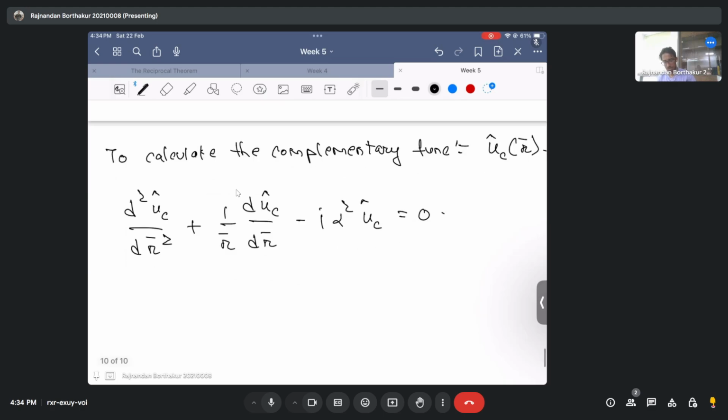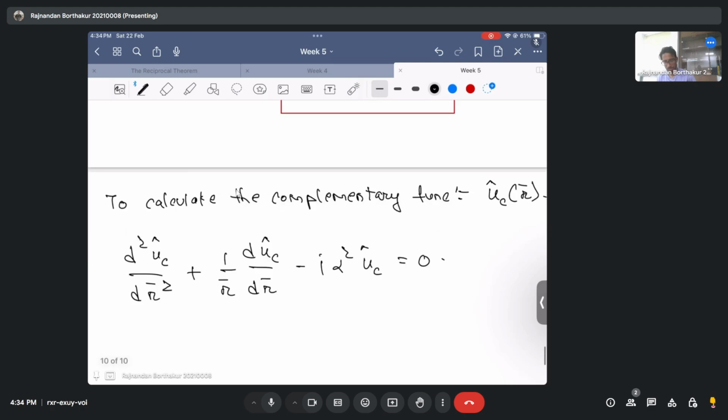So that's the homogeneous part that the complementary equation satisfies.